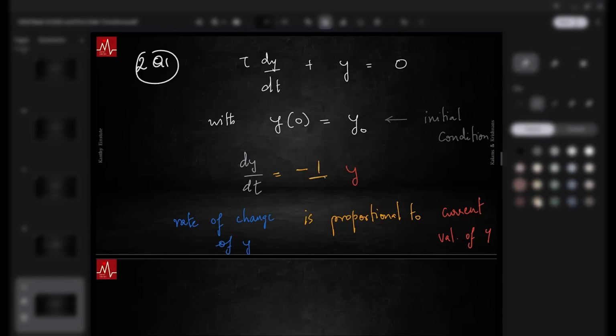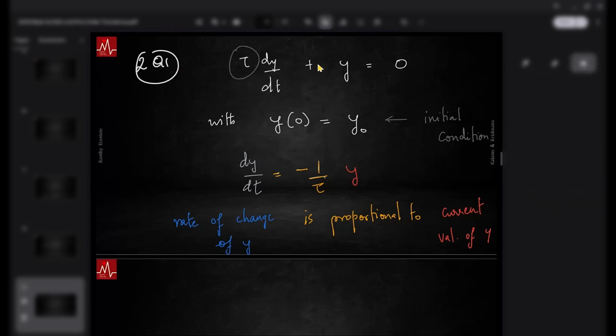If you had to guess a solution, what would you guess here? Consider this as quick recall for engineering mathematics. Simplest first order equation, constant coefficient. The coefficient here is tau. What do you guess?